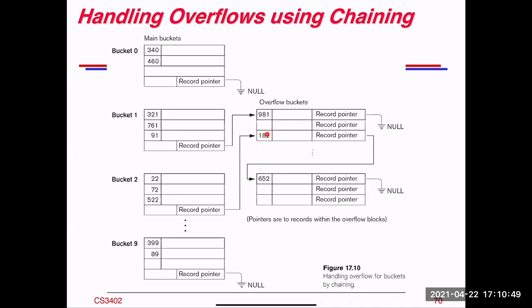That's why it's a record pointer. Okay, so if this overflow bucket itself is full, right? So we might need to add more items to other overflow buckets. So in this case, 652 was also hashed to bucket number 2, right? But so we have to follow this chain to actually get to that item.